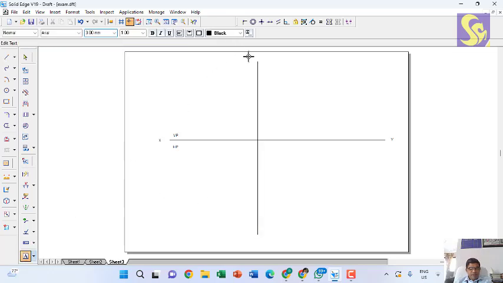So this will be my X1 Y1 line, so that I'll have my VP HP brought to this side. So this is going to be my LPP. This is LPP, the left profile plane.